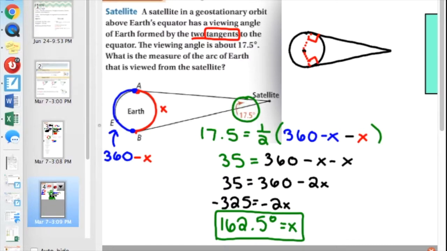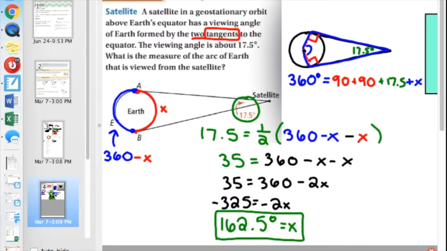And if I already know that this is 17.5 degrees, all I got to recall is the fact that I have a 4-sided figure. A 4-sided figure adds up to 360 degrees. And because I already know two of my angles are 90, we'd have 90 plus 90 plus 17.5. Then I could solve for x.